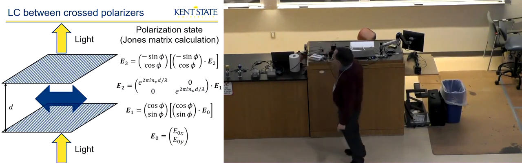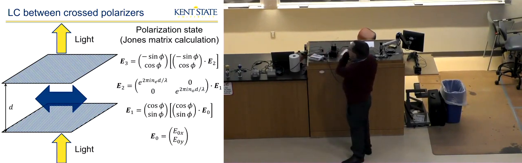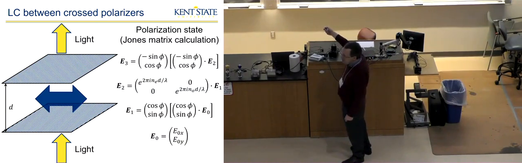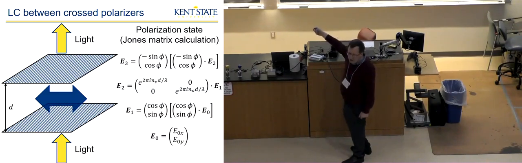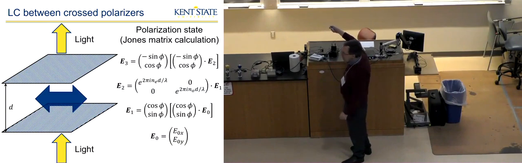But we know that there are different indices of refraction for light polarized in the x direction versus polarized in the y direction. And so that's represented by a 2x2 matrix with these two different complex numbers in there, showing how the electric field phase changes.